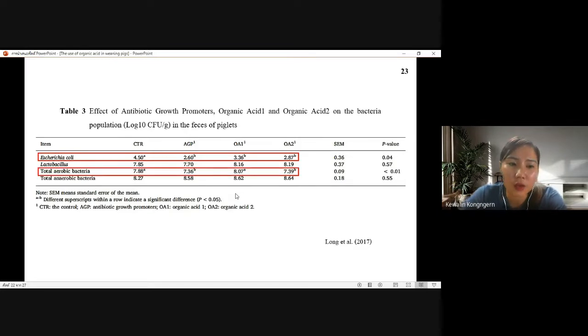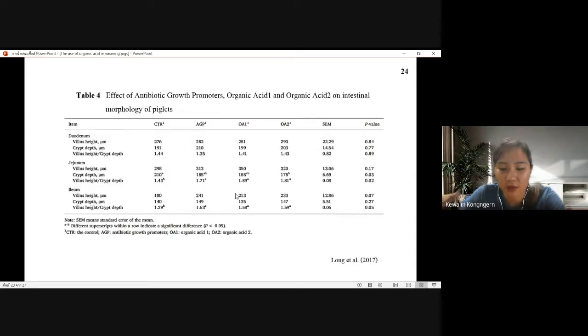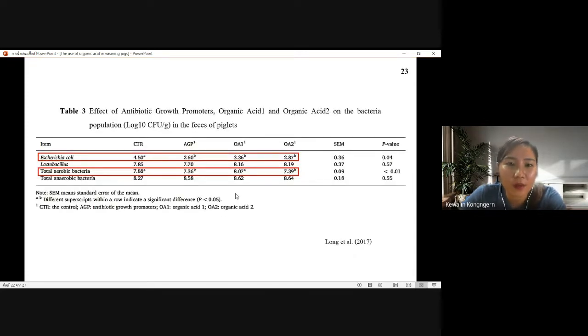And for total aerobic bacteria, the antibiotic growth promoter is lower than the other groups, but is not different from the organic acid 2 group.